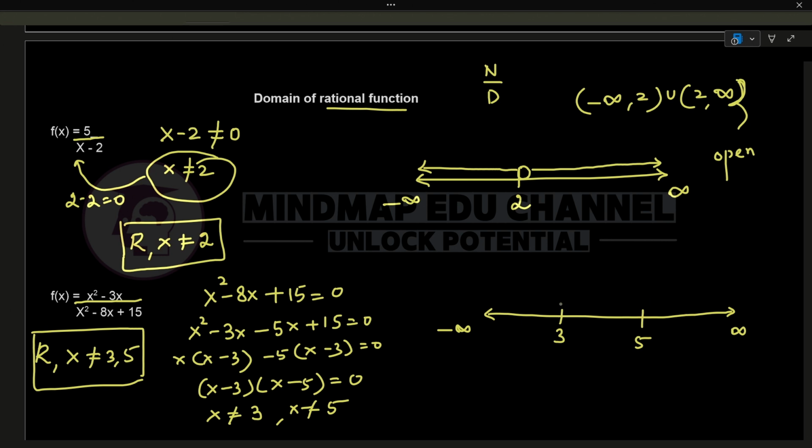Now, because 3 and 5 are not included in the domain, mark an open circle over them. Other than these two numbers, all real numbers are included. So, how will you write the domain? The domain will be from minus infinity to 3, union 3 to 5, union 5 to infinity. Clear? Okay.